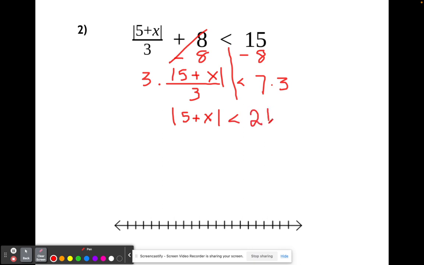Now, because this is a less than, I'm going to make one inequality. I'm going to put my negative value on the left, negative 21, my positive value on the right, my arrows pointing to the left, and my 5 plus x in the middle.